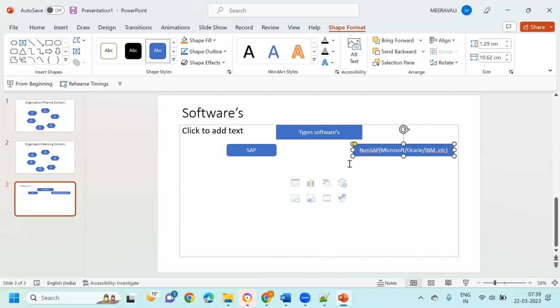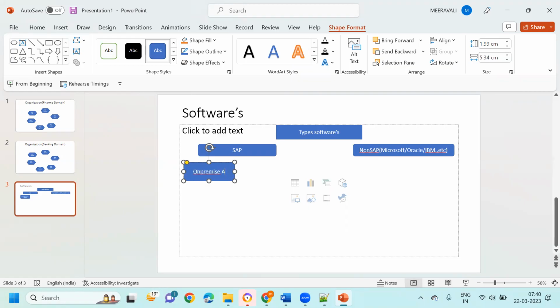Now, the first one is SAP. SAP is again divided into two types. Guys, you need to remember this. The first one is on-premise software or applications.